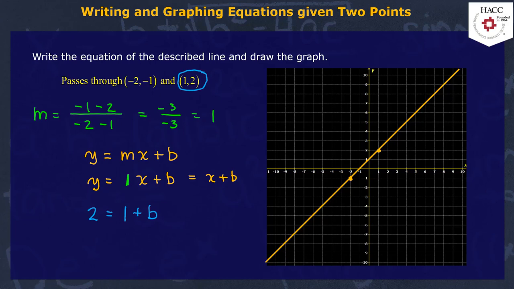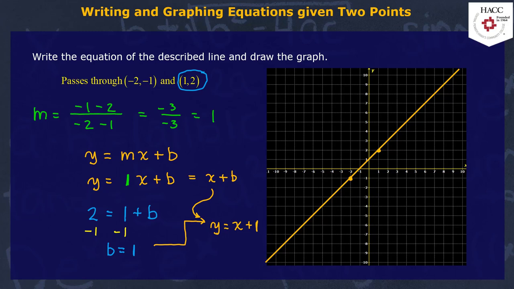So this tells me that 2 equals 1 plus b, which means that when I subtract 1 from both sides, b equals 1. And so the y-intercept is at (0, 1), and I can see that from the graph right here. The line is passing through (0, 1), so this all seems reasonable and I'm on the right track. So taking these two pieces of information together, y equals x plus 1 would be the equation of this particular line.